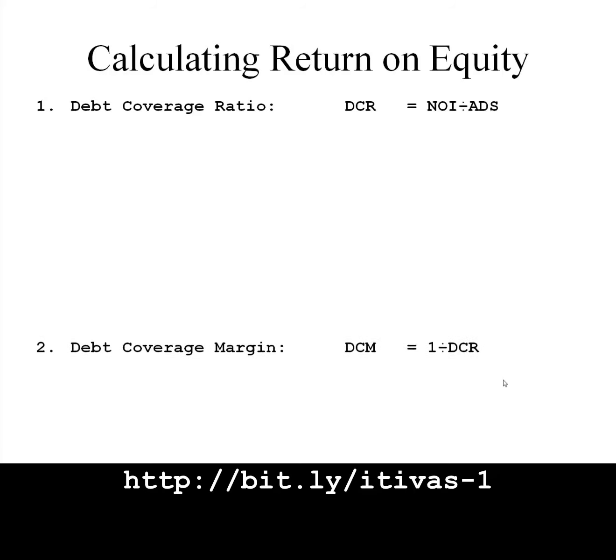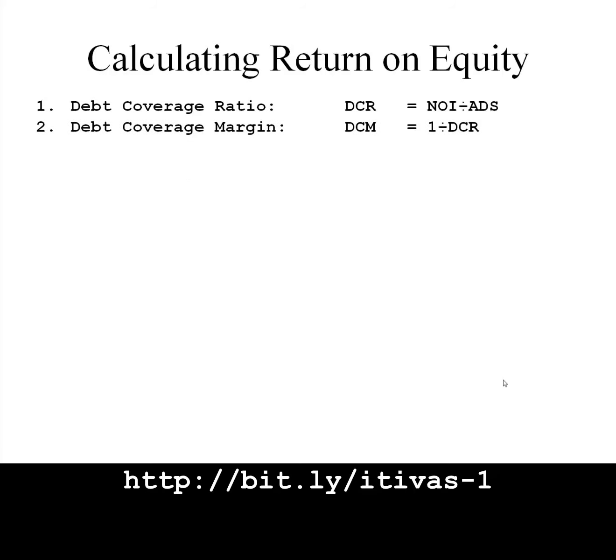Calculating return on equity. Debt coverage ratio, net operating income divided by annual debt service. Debt coverage margin is the reciprocal of the debt coverage ratio, that is 1 divided by DCR. Cash flow margin is the complement of the debt coverage margin, that is 1 minus DCM.